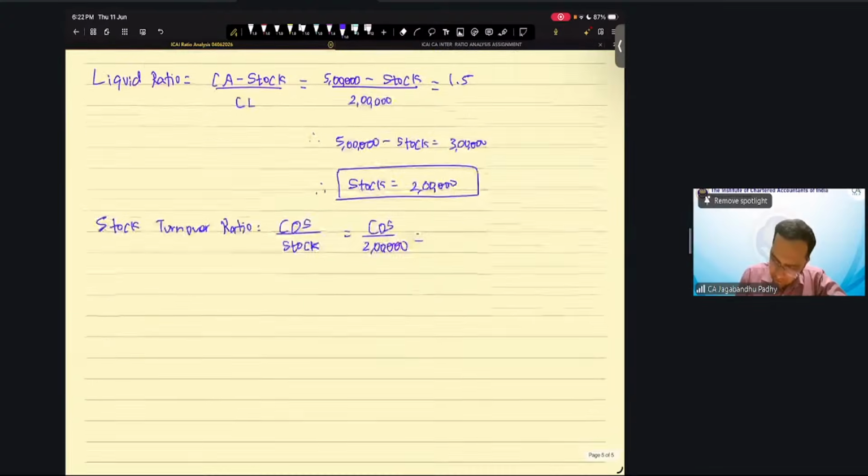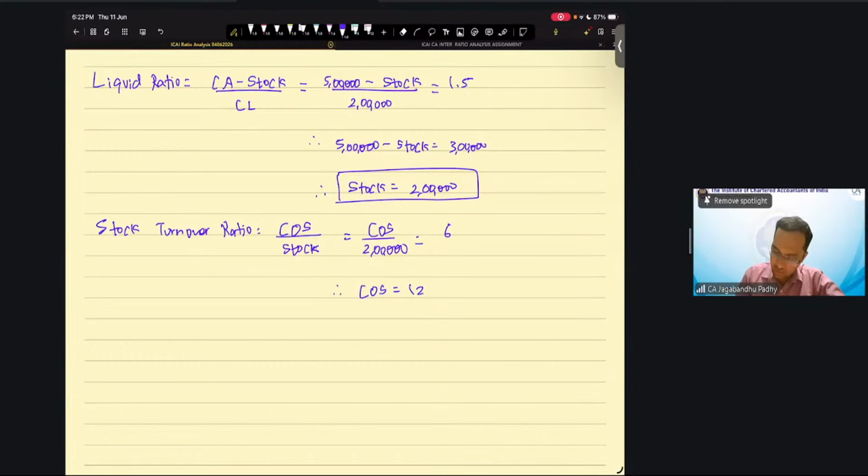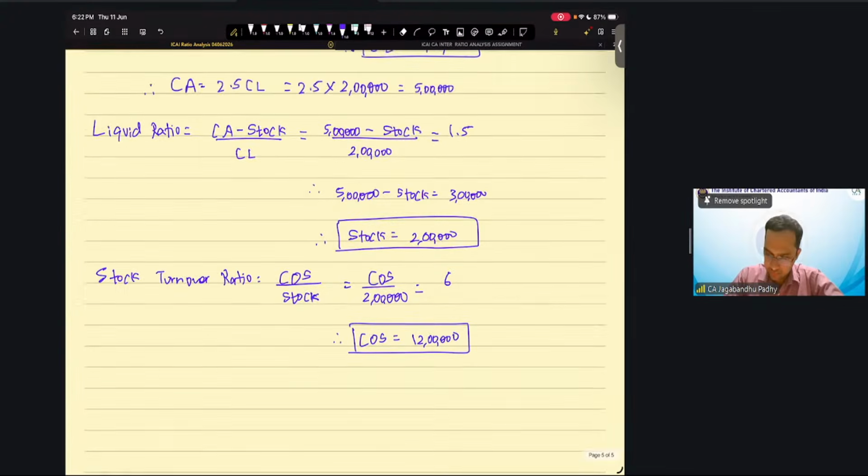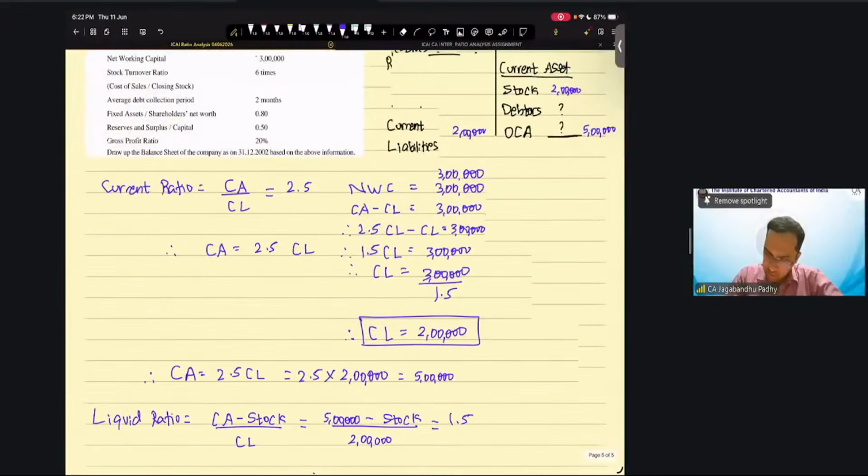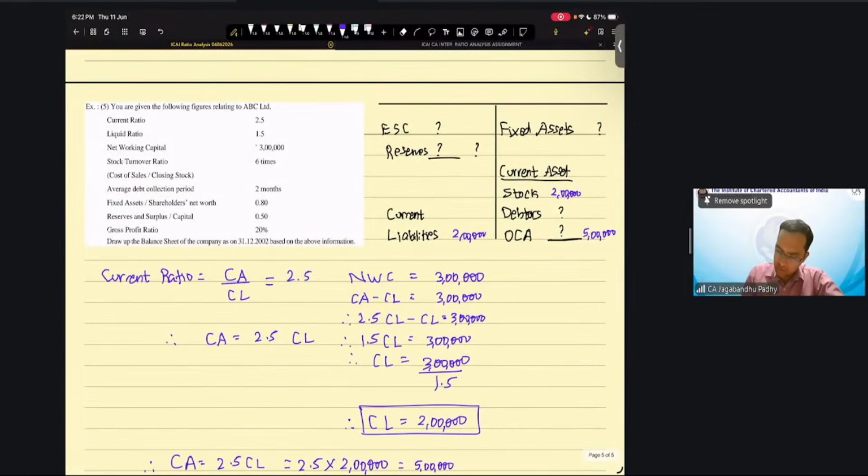So that gives us the cost of sales as 12 lakhs.